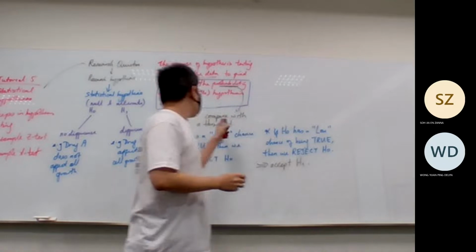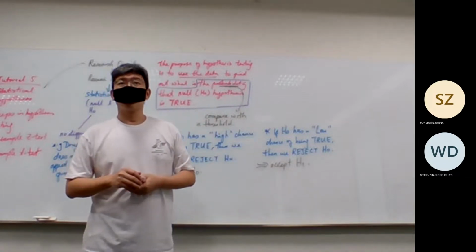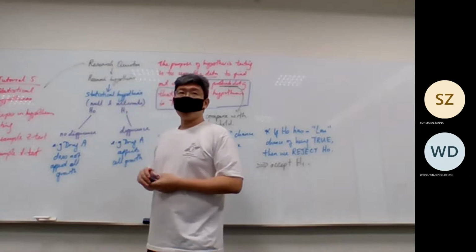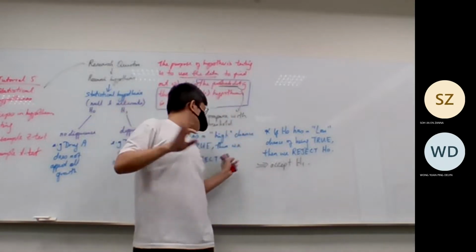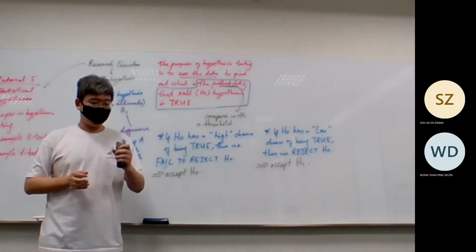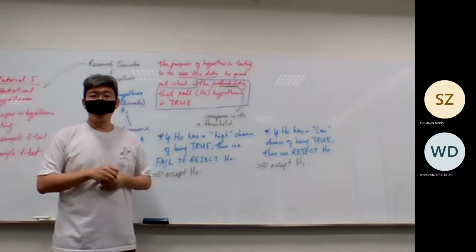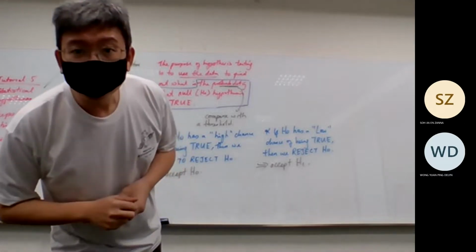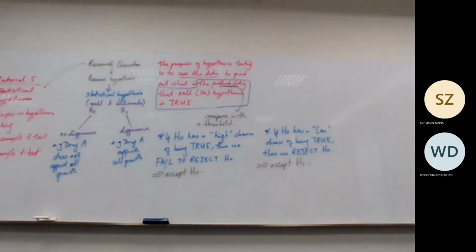This chance actually depends on the threshold itself. If you reject it, then you go to the alternate hypothesis. If you cannot reject it, then you accept the null hypothesis. You stick with the null hypothesis. So far, okay? So this is the whole concept of hypothesis testing.